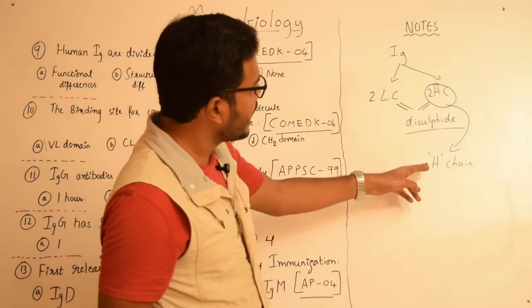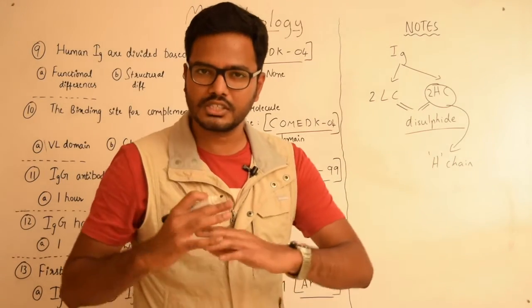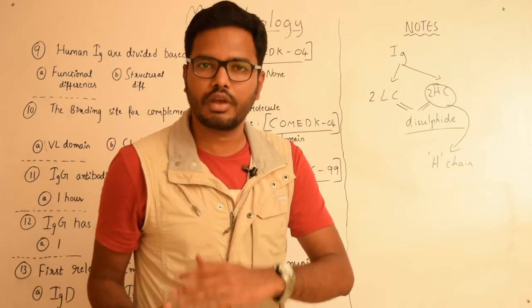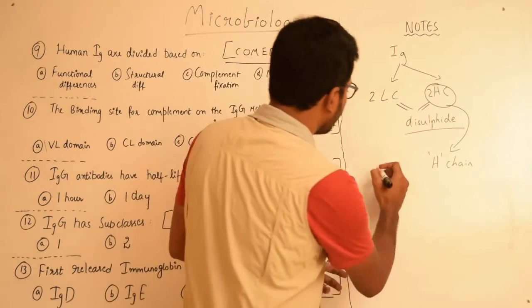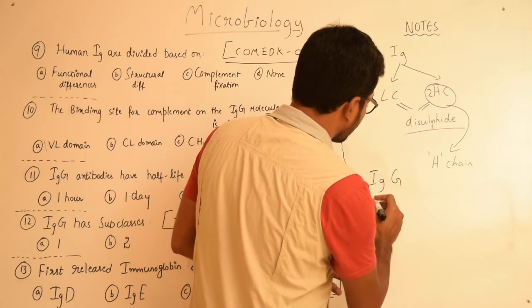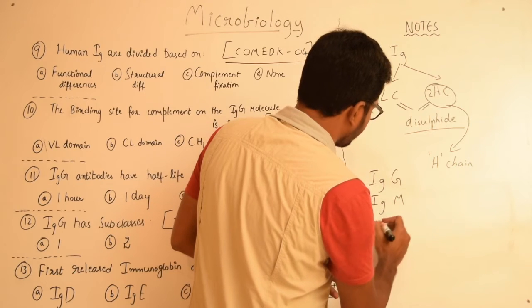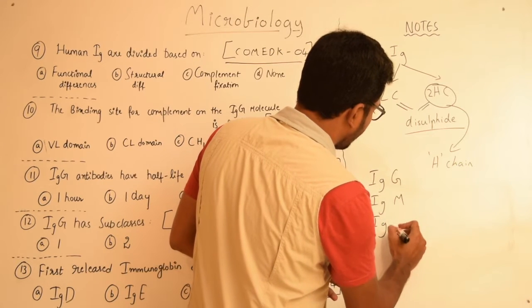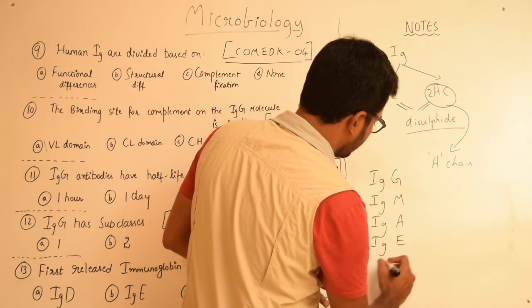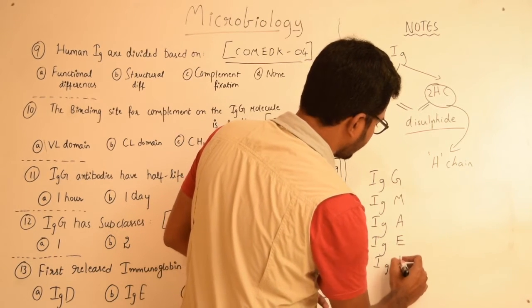These heavy chains, or H chains, are structurally different and also antigenically distinct for each class of immunoglobulin. So let's see various classes of immunoglobulins, starting with IgG, IgM, IgA, IgE and IgD.